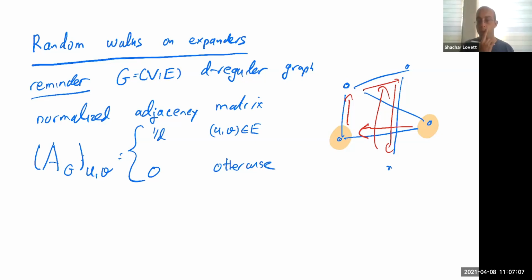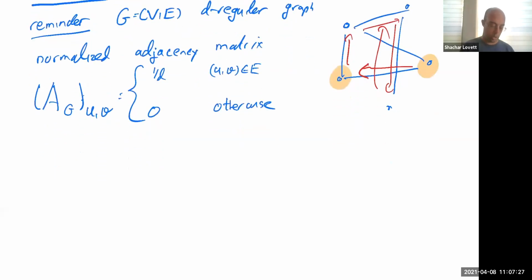We said that the benefit of working with this normalized adjacency matrix is that it gives us a very convenient way of asking, given currently some distribution over the nodes, if I take a single step in this random walk, what's going to be the next distribution? Let me remind you of that. We're going to work with distributions. I'm going to use pi to denote a distribution over the nodes.